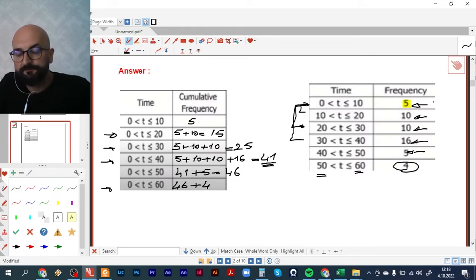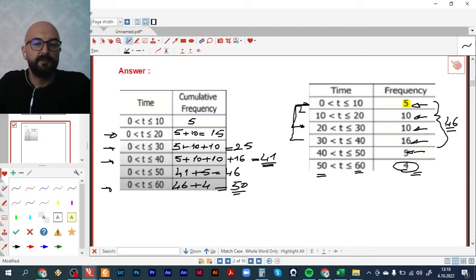So we find all the cumulative frequency, and it means 50.